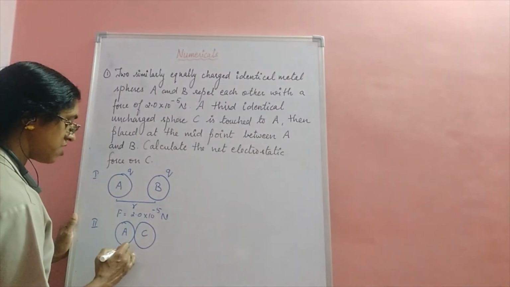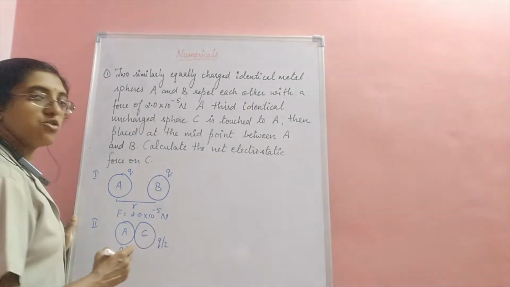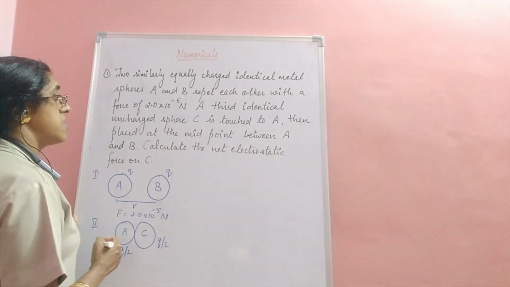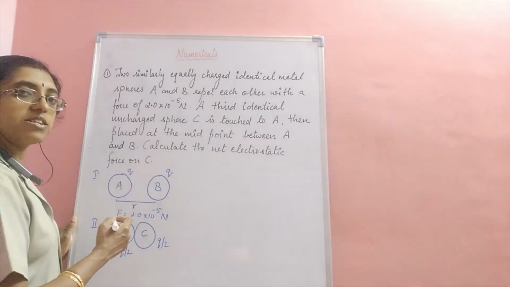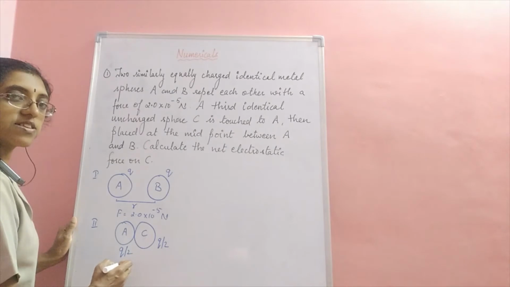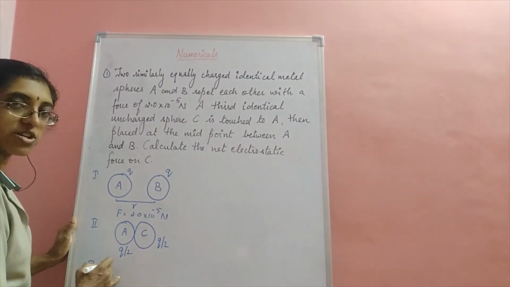So, the charge on A would be Q by 2, and the charge on C would also be Q by 2. Now, after that, it is placed at the midpoint between A and B, according to the third condition.